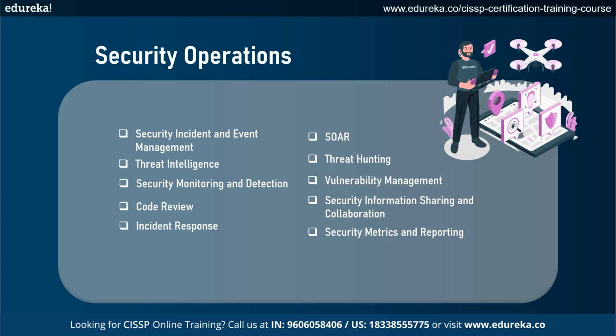While focusing on these components, organizations can establish efficient security operations that enable proactive threat detection, effective incident response, and ongoing security management to protect critical assets and minimize the impact of security incidents.